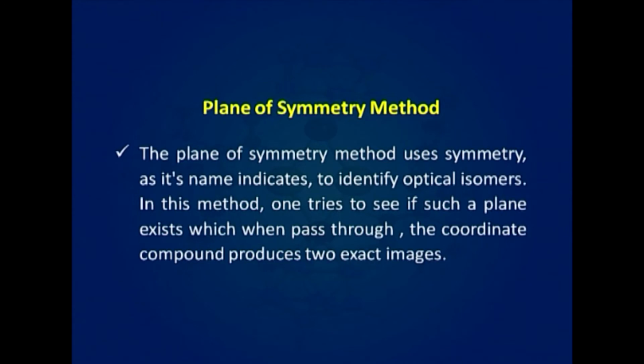The plane of symmetry method uses symmetry, as its name indicates, to identify optical isomers. In this method, one tries to see if such a plane exists, which when passed through the coordinate compound produces two exact images. In other words, one looks for the existence of a plane of symmetry within the coordinate compound.